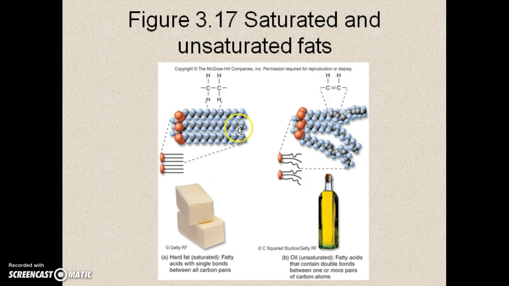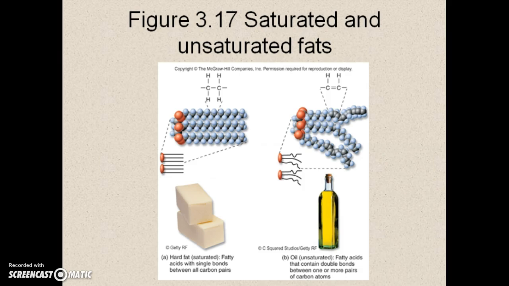Since these tails are stick straight, these are the type of fats that are solid at room temperature, because when you pile a bunch of these together, you can get them really close together and not a whole lot else is going to fit through them, which is why if these are in your arteries, that is going to impede blood flow.